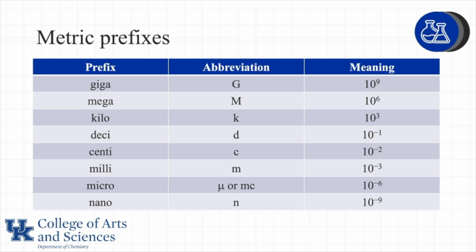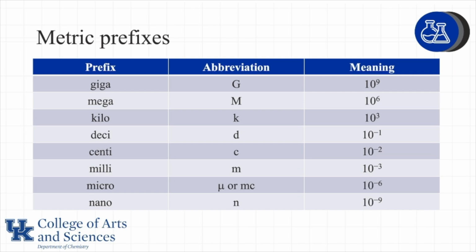We're going to talk about base units a little bit differently here. We have the SI base units, which are the accepted units for any individual quantity. When we talk about a base unit here, what we're really talking about is things like grams, liters, meters. These are base units that we use metric prefixes with in order to modify them.